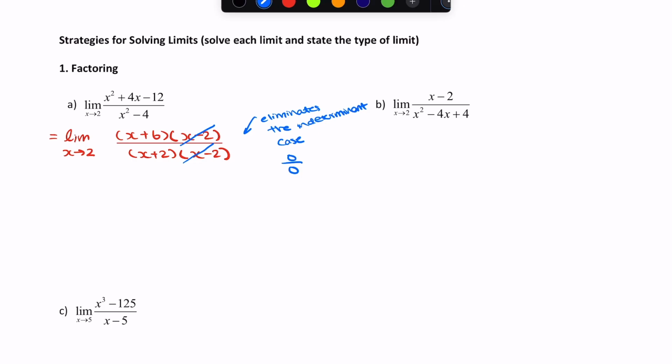Here, then we can rewrite this equation as the limit as x approaches 2 for x plus 6 over x plus 2.